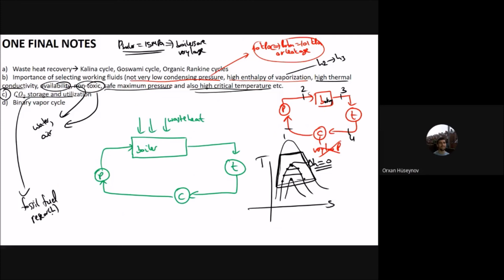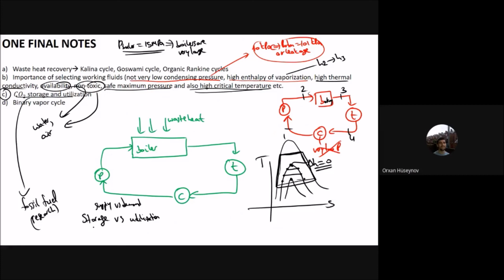It is stored underground and then utilized, because CO2 is dangerous for the environment, causing pollution. The main problem here is storage versus utilization. We can ask this question: you have the supply and you have the demand, so what is the demand versus supply?